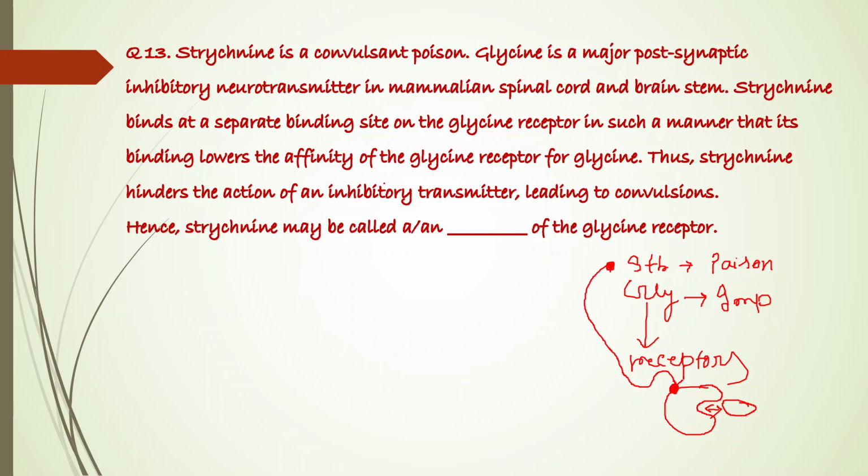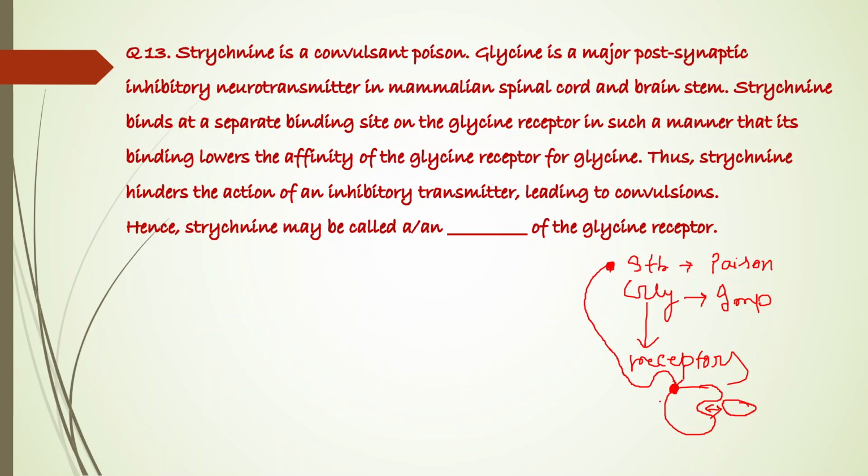After it binds, it says, thus strychnine hinders the action of an inhibitory transmitter leading to convulsion. That means after it binds, it somehow hampers the binding of glycine to the receptors. So how can it be done?